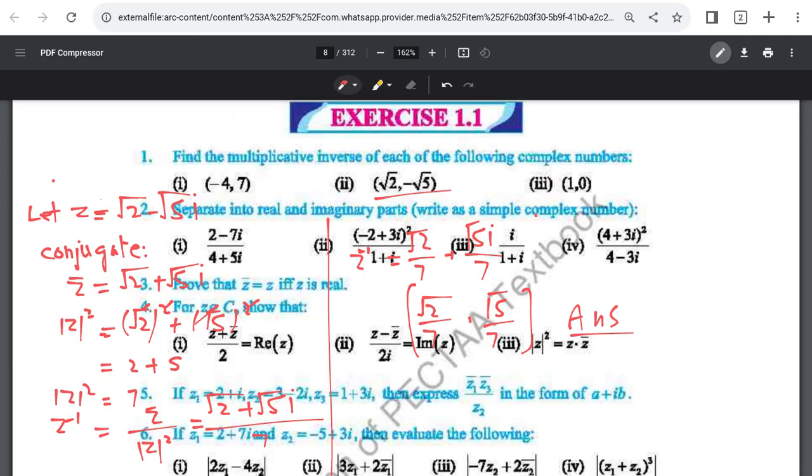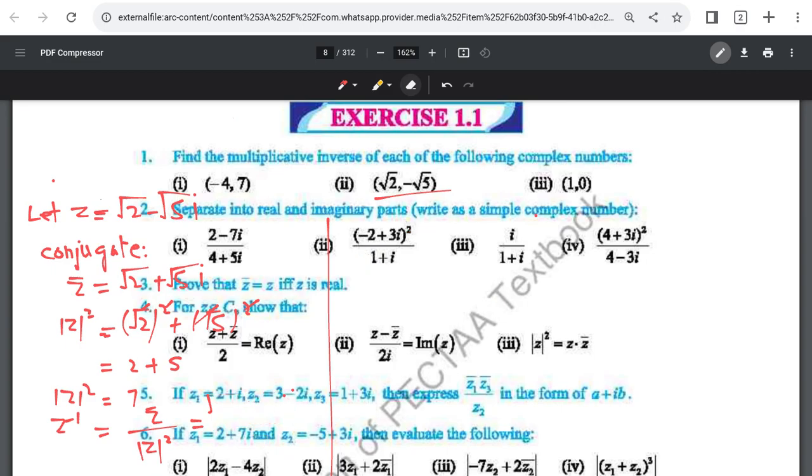Okay, dear students, now we move towards the next part of this question, part 3. In part 3 we have 1 and 0. First of all we write it in the complex form.